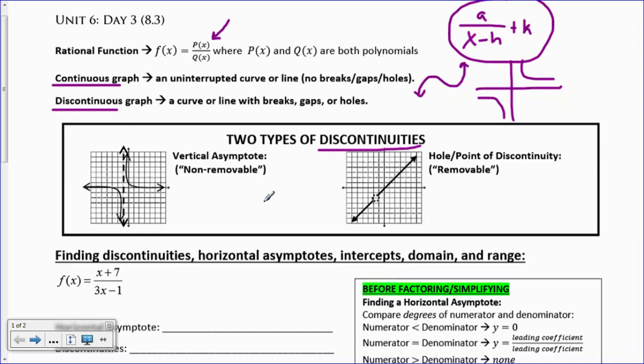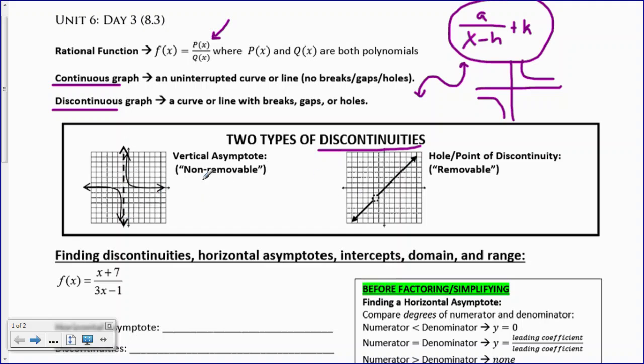Because horizontal asymptotes are special because those are the ones that sometimes you can cross, although it's rare. So that's why we don't consider it to be a discontinuity, because there is that rare opportunity where you're actually allowed to pass through a horizontal asymptote, but there is no situation in which you would ever cross a vertical asymptote or pass through a hole. So these are our concrete discontinuities.